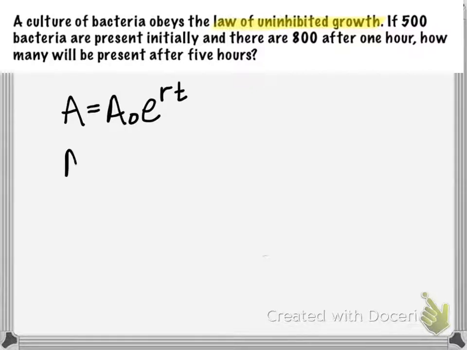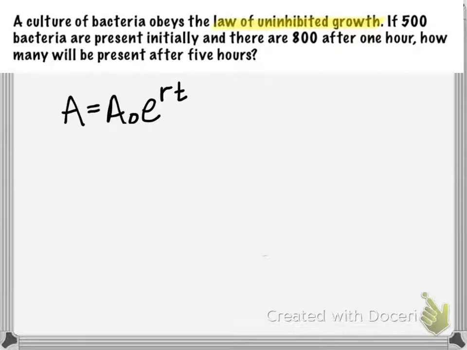And remember, that's exactly the same as the PERT formula, the formula we generally use when dealing with money that is compounded continuously. Since we're talking about population here, we reassign the variables. So rather than calling P the initial amount, our principal amount, we call it our A sub 0 amount. But it's important to realize that these really are the same exact equation, the same exact model.